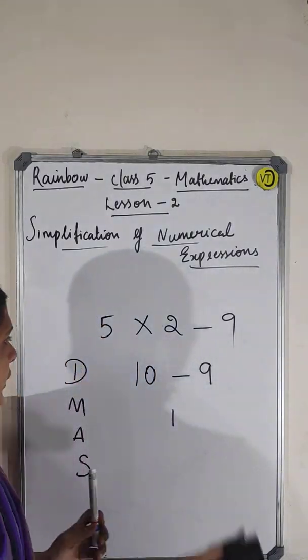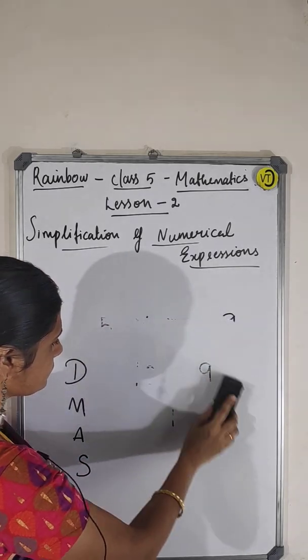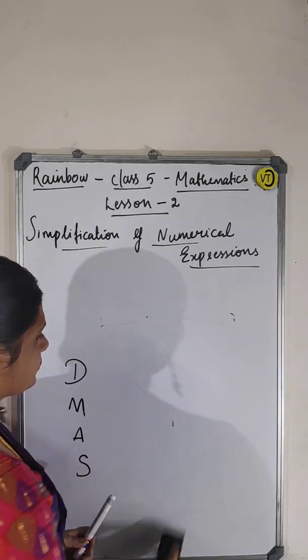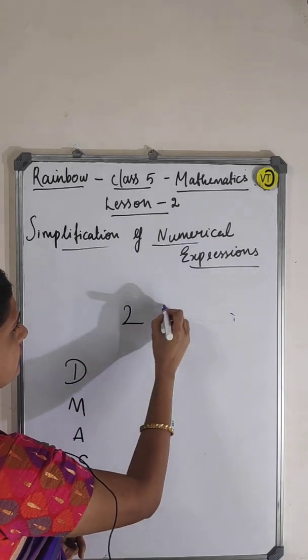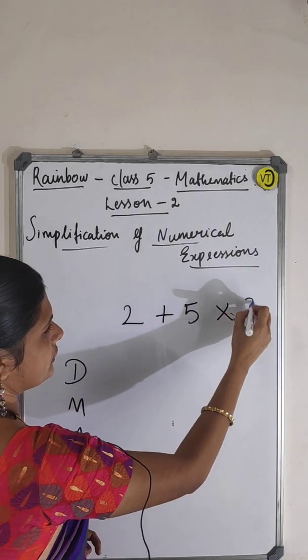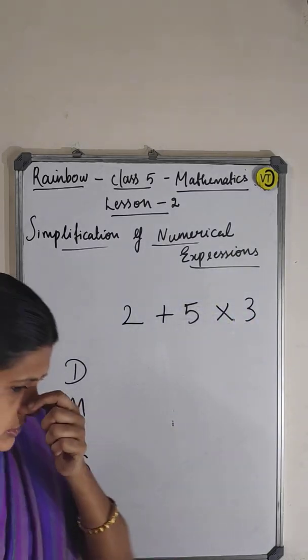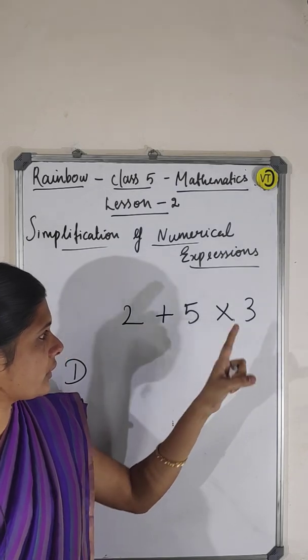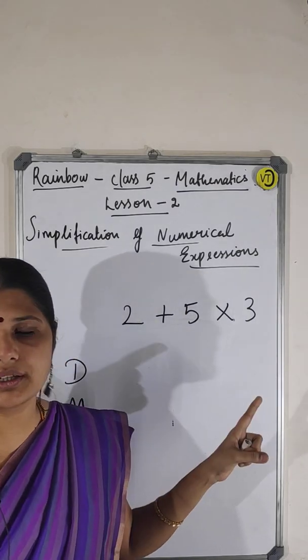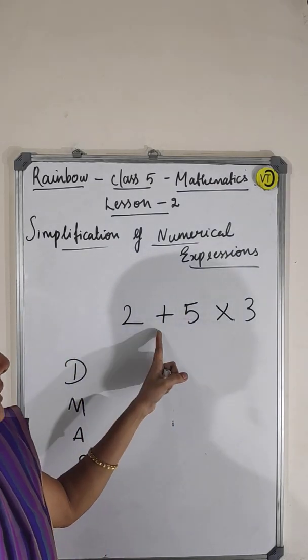You understand? Okay. The next one is 2 plus 5 into 3. How do you do this? Here division is not there. Multiplication is there, first priority. Then addition, the second priority.